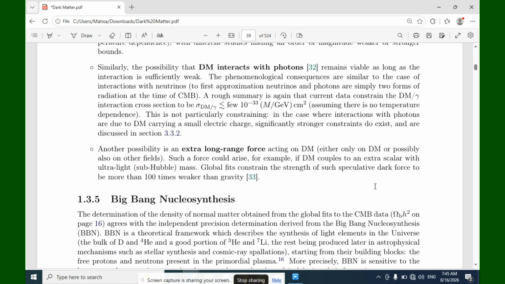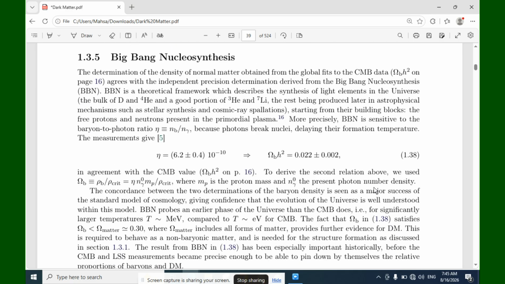Such a force could arise, for example, if dark matter couples to an extra scalar with ultralight sub-Hubble mass. Global fits constrain the range of such a speculative dark force to be more than 100 times weaker than gravity.